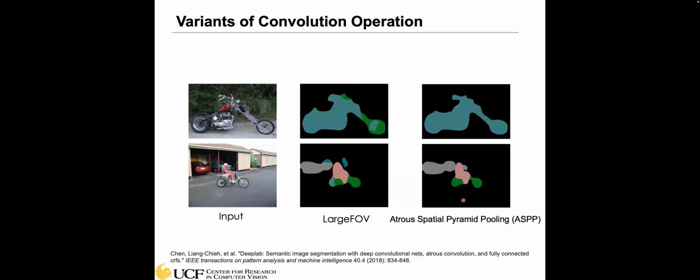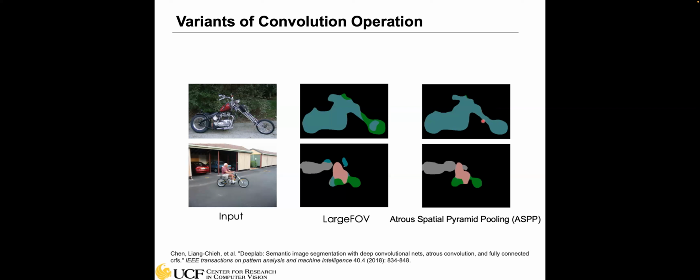And here are some of the segmentation outcomes. This is if you're using just the normal convolution with a slightly larger kernel size. But here, if we're using different dilation rates to capture multi-scale information, the segmentation results are better.